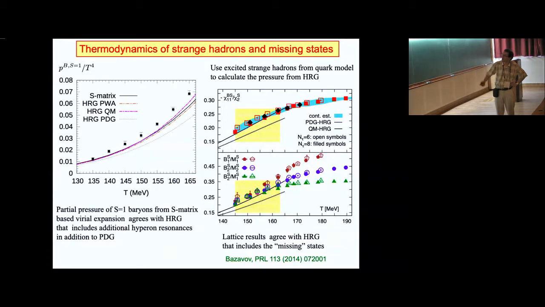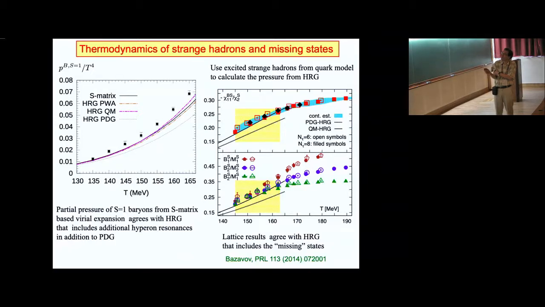So somehow these different results in different partial waves compensate each other, and at the end the Hadron Resonance Gas turns out not too bad. But the presence of these additional states which are not in the PDG becomes important.